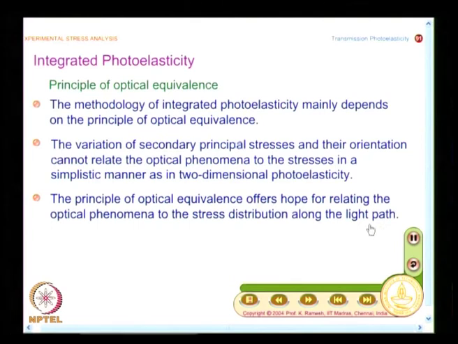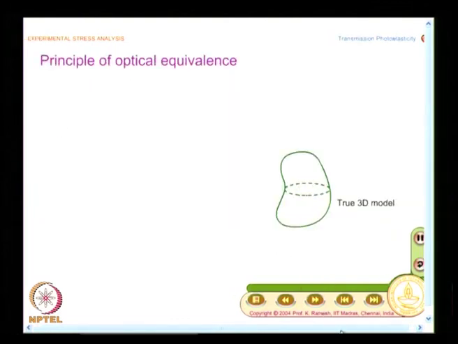And in this case, even to approach a mathematical methodology, you need the principle of optical equivalence. Without this principle, you cannot even formulate the mathematics behind it. And let us see what this principle of optical equivalence is.